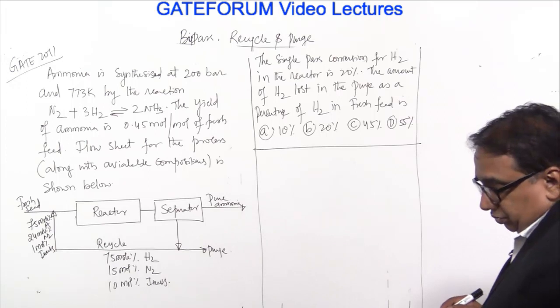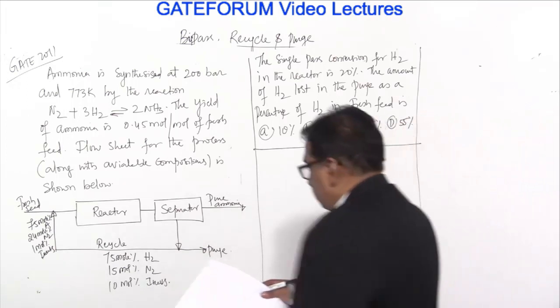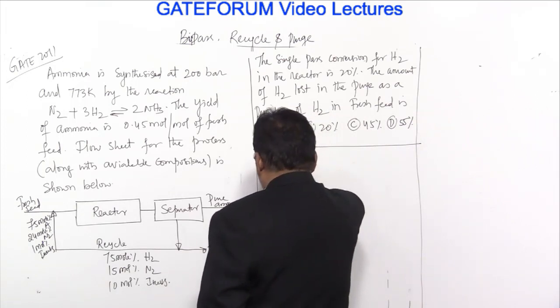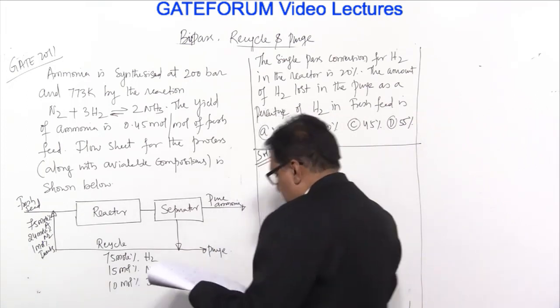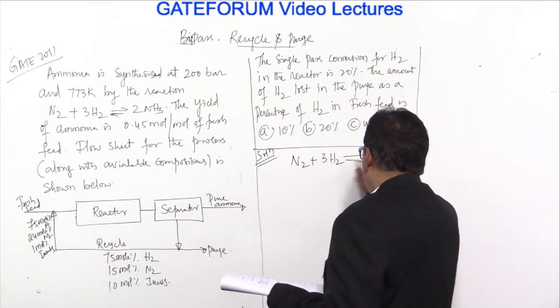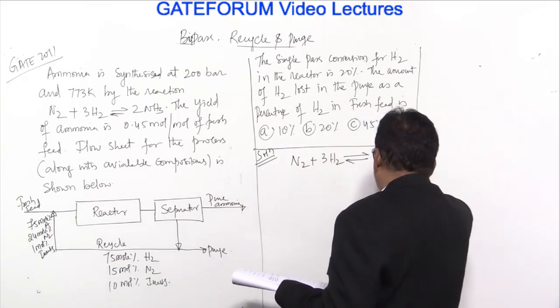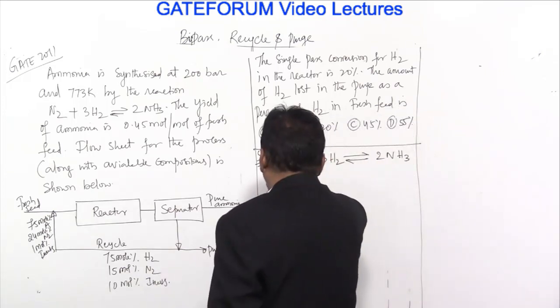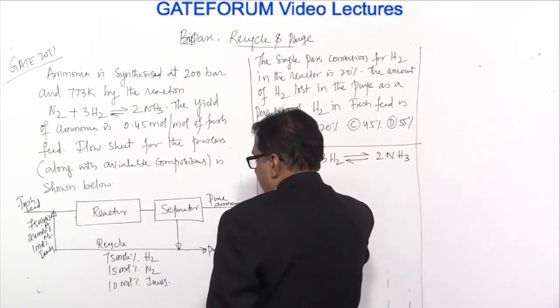He has given the fresh feed, so let us write down what is happening in the reactor. Solution: N2 plus 3H2 will give you 2NH3.